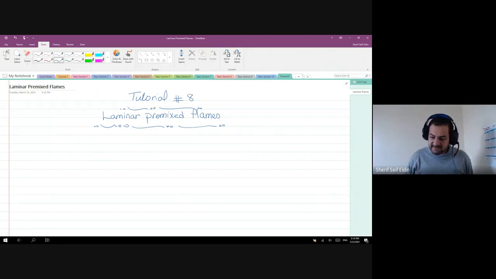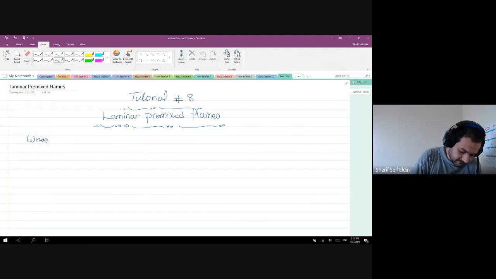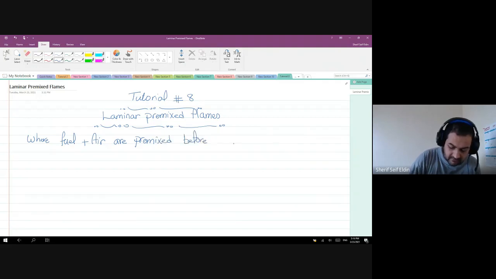So the definition of laminar premixed flames is where fuel and air are premixed before the combustion process.